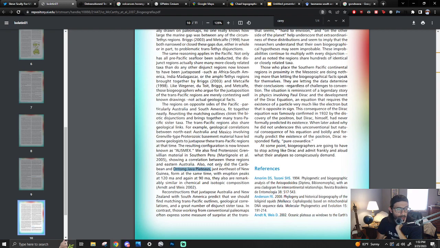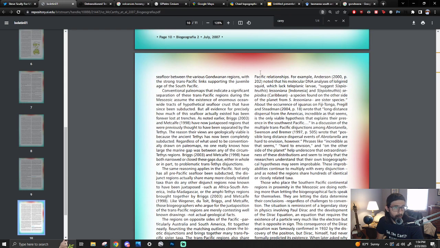Just northeast of New York, with eruption peaks at 120 million and again at 90. They also are remarkably similar in chemical and isotopic composition. Reconstructions that juxtapose Australia and New Zealand with South America predict that we should find matching trans-Pacific outlines, geological correlations, and a great number of disjunct sister taxa. In contrast, those working from conventional paleo maps often express some measure of surprise: what do you mean there's a connection across the Pacific?